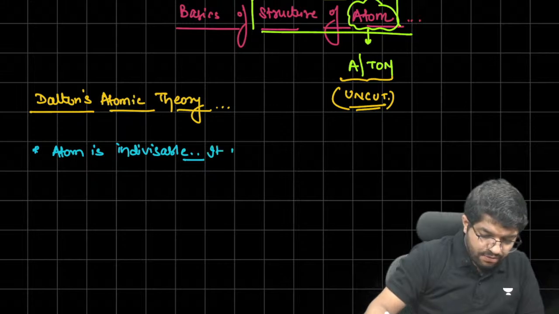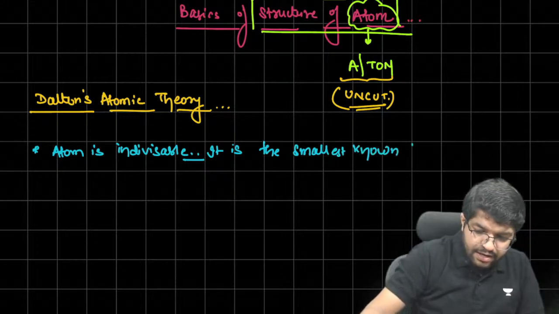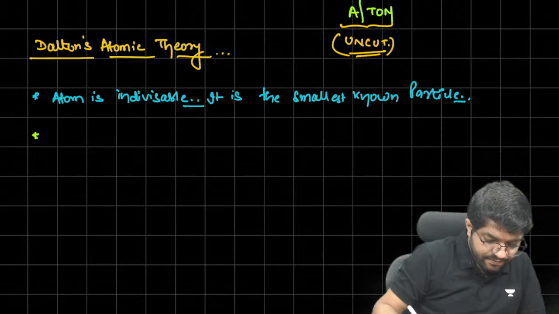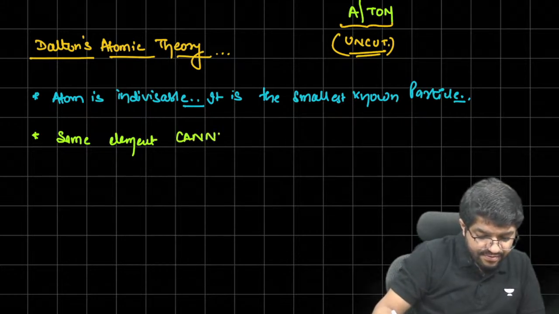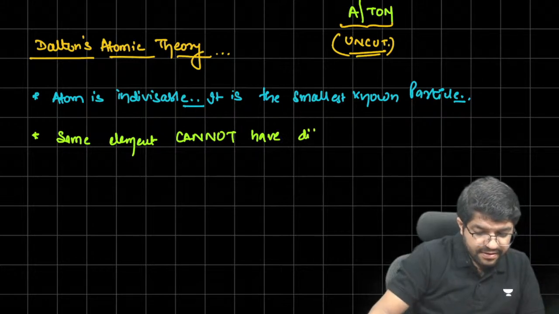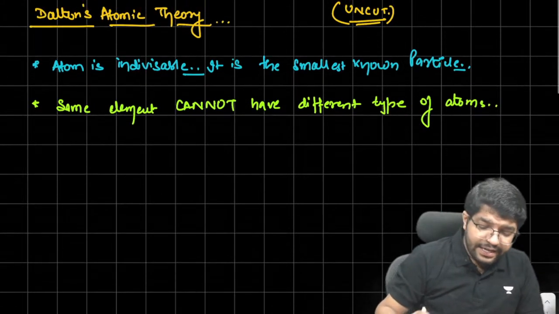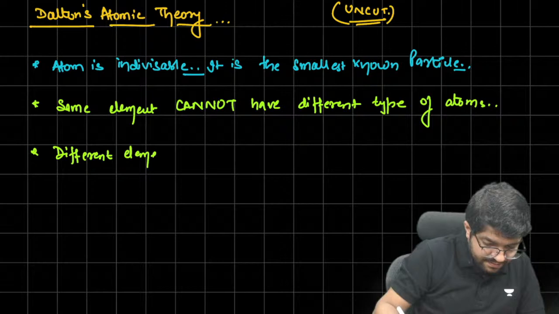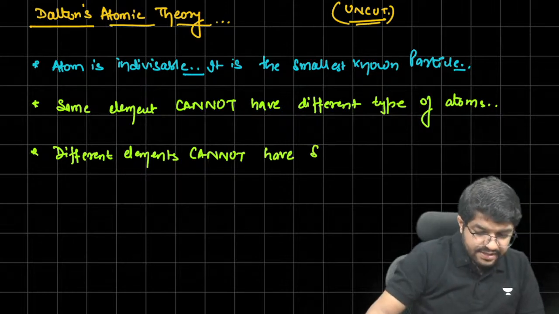Then Dalton also spoke about the same element cannot have different type of atoms, and similarly, different elements cannot have same type of atoms.